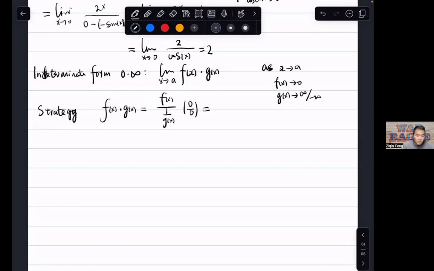Or sometimes it works better to use g of x over 1 over f of x. So 1 over 0: 1 over something going to 0 is for sure either positive or negative infinity. So this is infinity over infinity. Do either of these. Sometimes one works and the other doesn't; it depends on the function form. This is based on the problem's function form, and we don't have a good rule for that. Let's see an example.